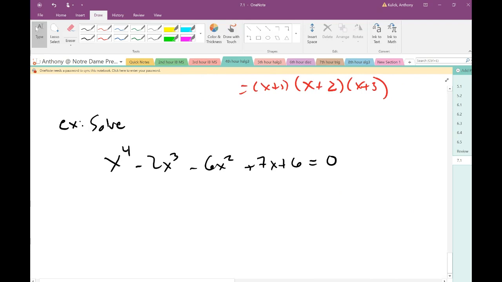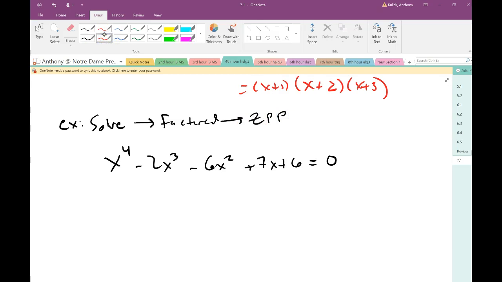In order to solve this, I want to write it in factored form and then apply the zero product property and solve each one of those factors independently.